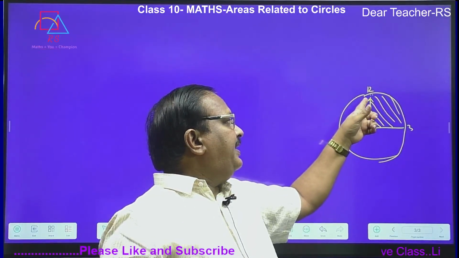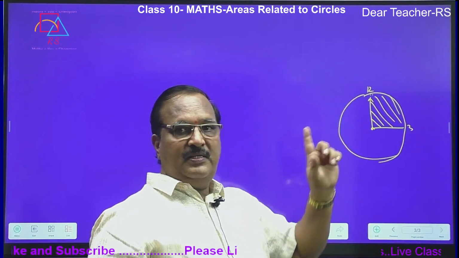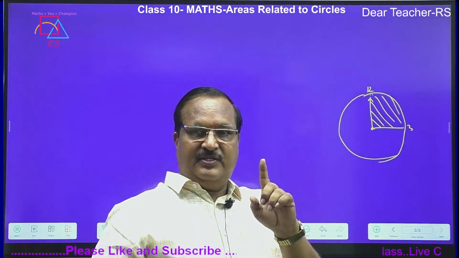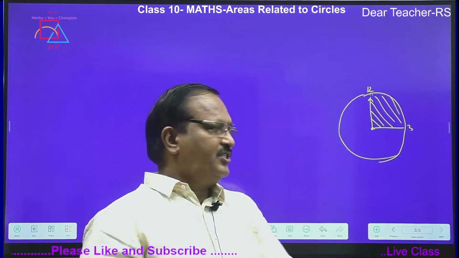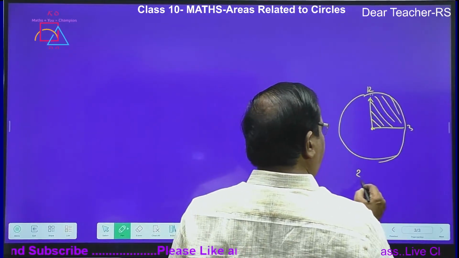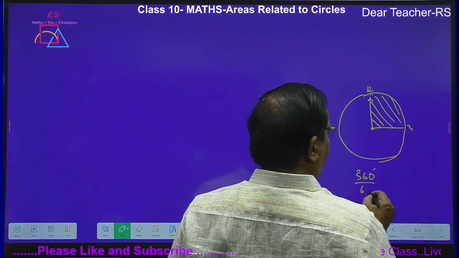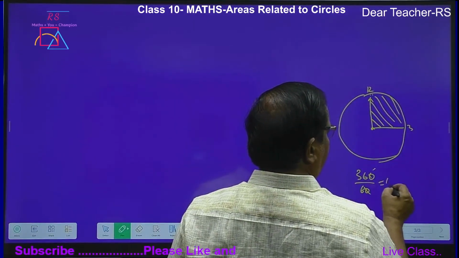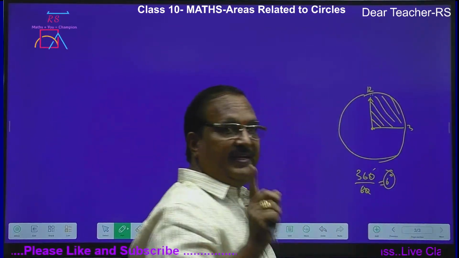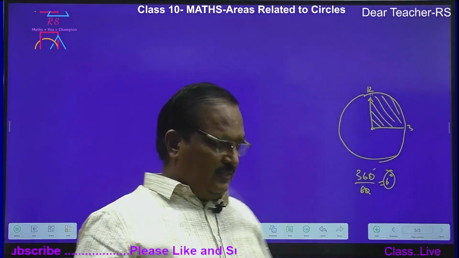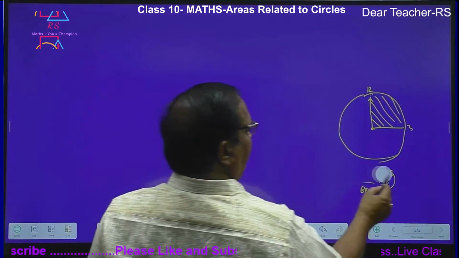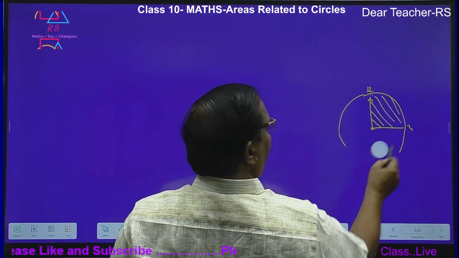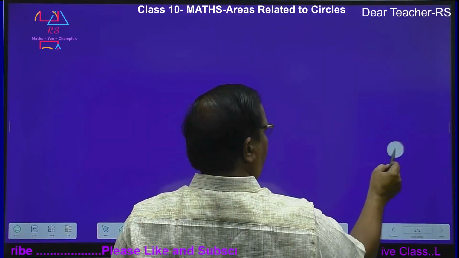If the minute hand covers 1 hour, that is 60 minutes, one round means 60 minutes and the angle is 360 degrees. So 360 divided by 60 is equal to 6 degrees for each minute. This you have to remember. Let us work without drawing the diagram.